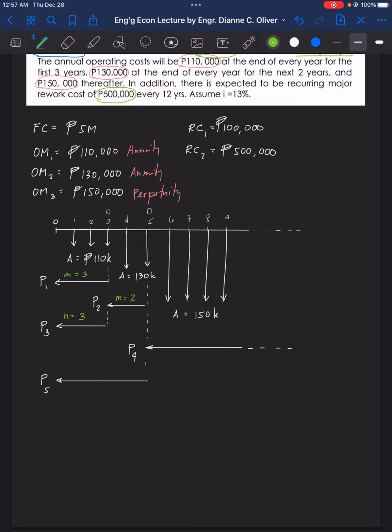So as for the number of years, N, the number of years N here is from year 0, which is the year 5, that is N is equal to 5. Okay. So we can now compute for the OM, the total OM.